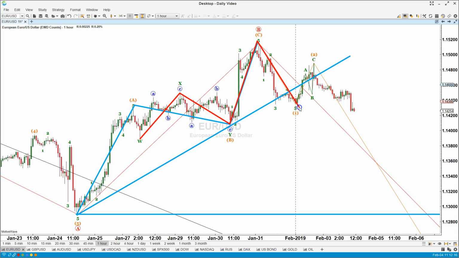Here we have the left shoulder, the head, the right shoulder, and the other important part of the head and shoulders is the neckline. So connecting from here to here, we get the neckline of the head and shoulders.